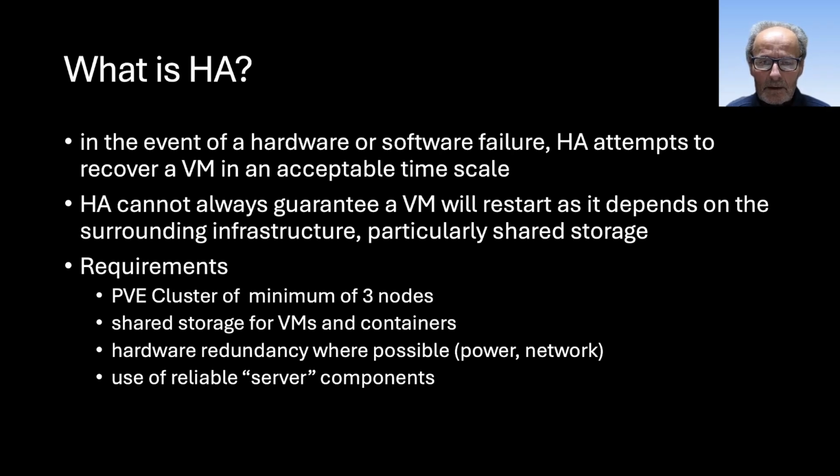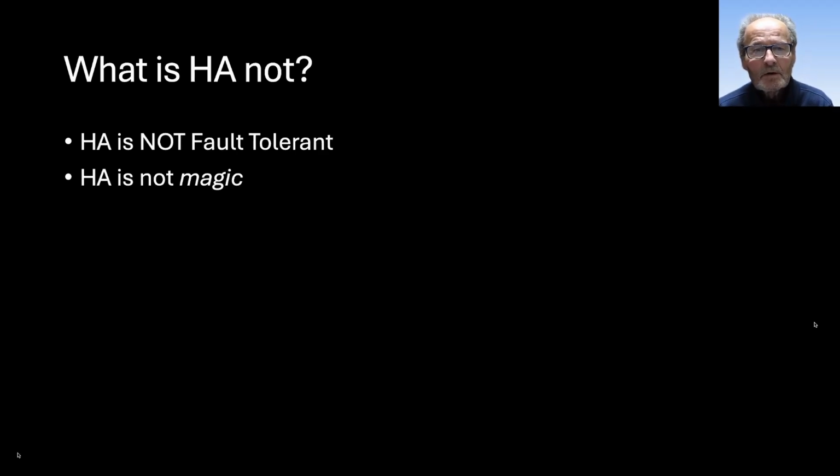We can get around that. And what is it not? Well, it's not fault tolerant. There are fault tolerant solutions out there in the marketplace if you have a whole load of money, but they are incredibly expensive. So HA is not fault tolerant, and HA therefore is not magic. It's reliant on your resilient infrastructure to enable it to work.